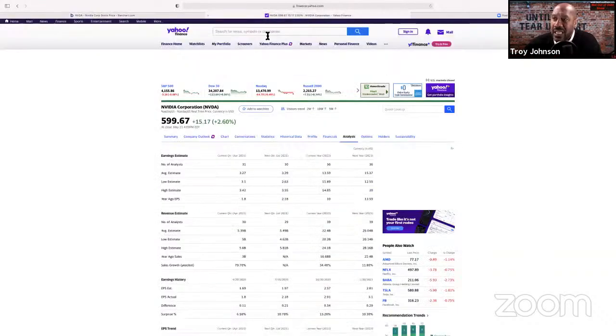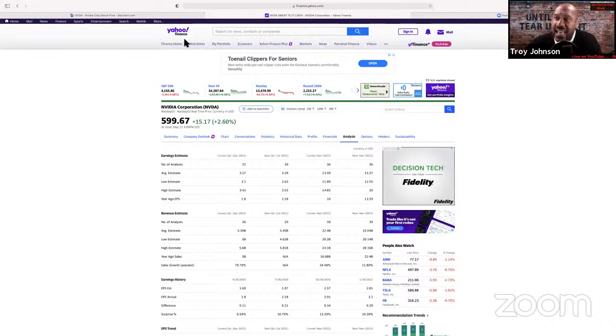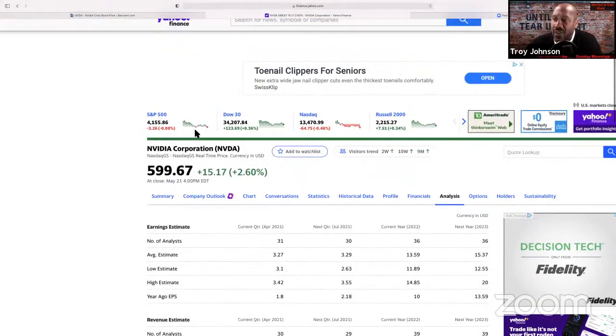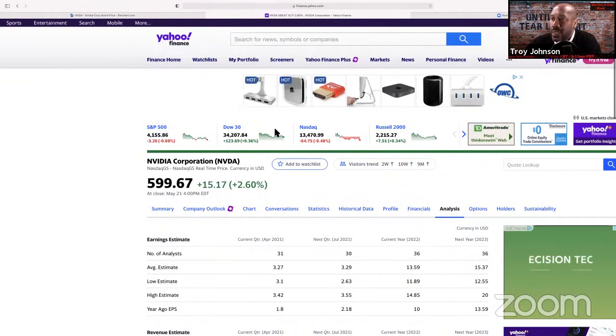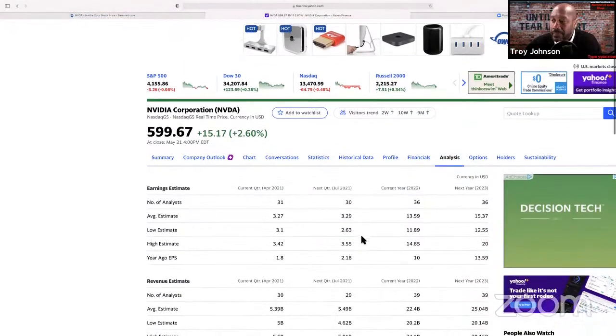You can also see more details in Yahoo Finance. A lot of people use Yahoo Finance. So I clicked here on Yahoo Finance, and then I went over to the analysis of the company.